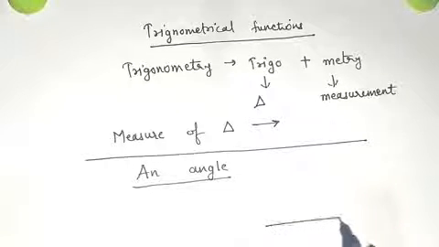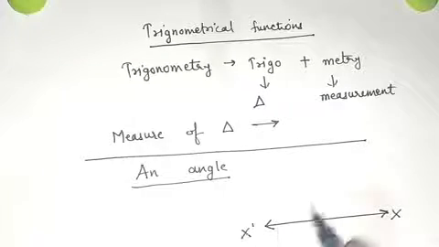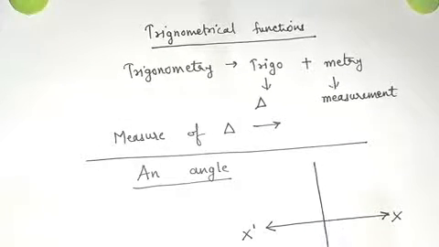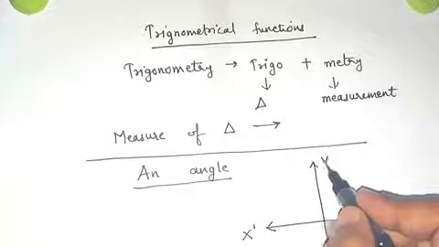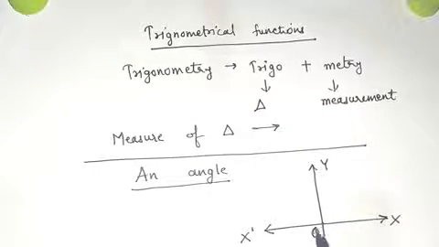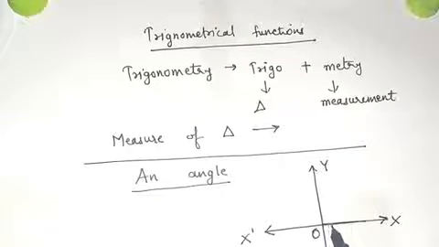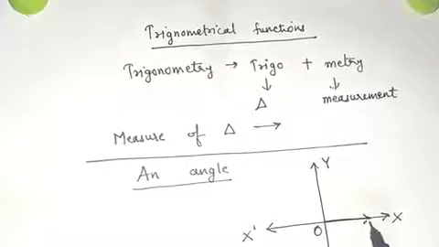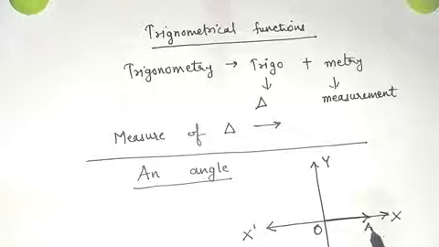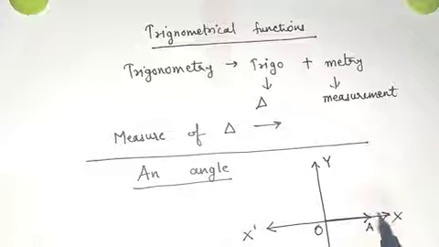Suppose I am taking a 2D figure, x-axis, this is x dash, then the vertical line y-axis and y dash, and this point of intersection is origin. Now suppose over here, starting from O, I am taking a fixed ray OA and another ray OB coincident on this OA, but that will be a revolving ray.